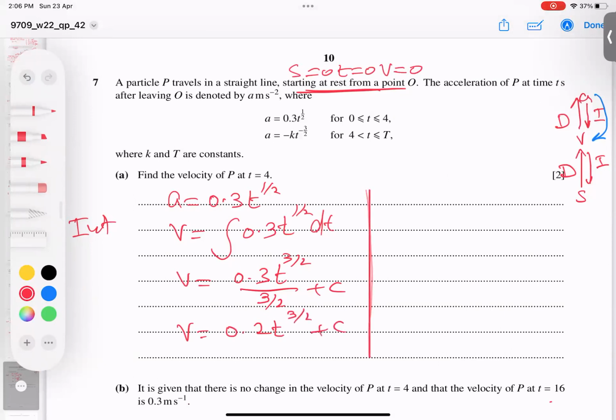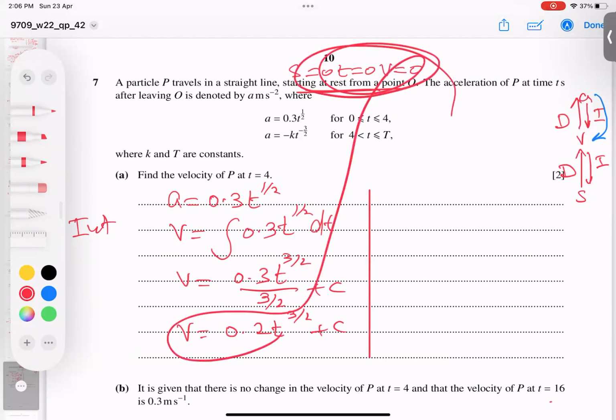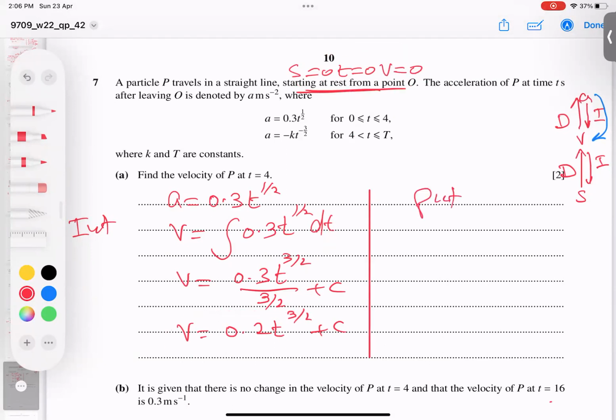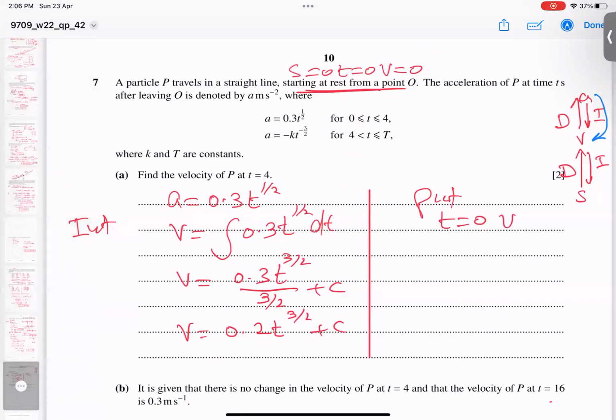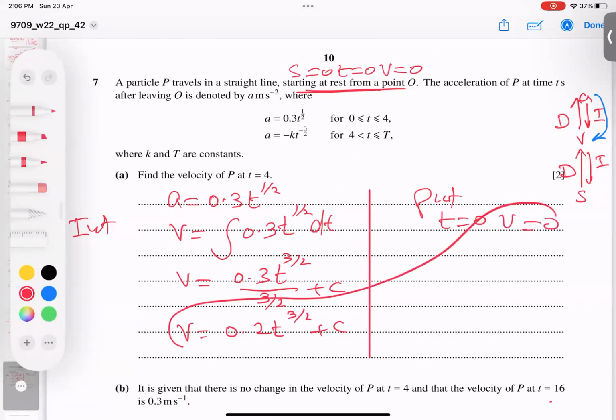But now I plug in the data given: when time is zero, velocity is zero. So I get c is 0. And finally, velocity is 0.2 t to the power 3 by 2.